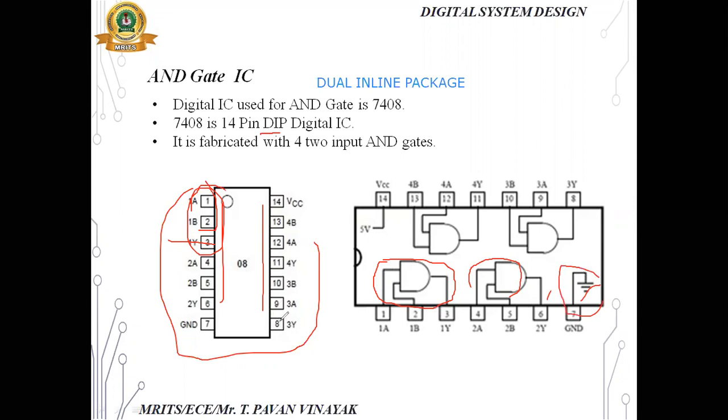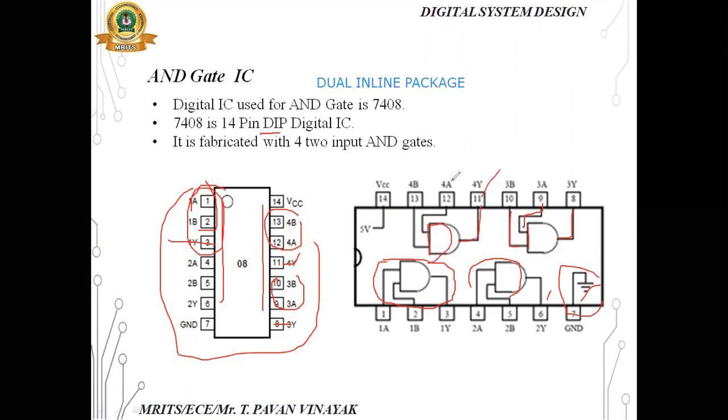Next 10, 9, 8: 9 and 10 are inputs, 8 is output. Next 13, 12, 11: 12 and 13 are inputs, 11 is output. So this is the internal structure.